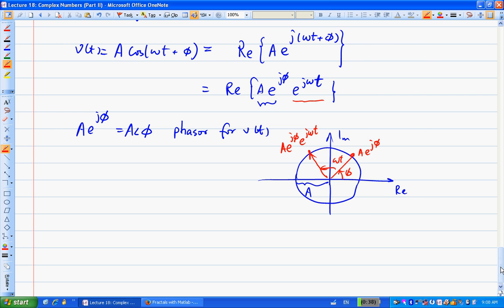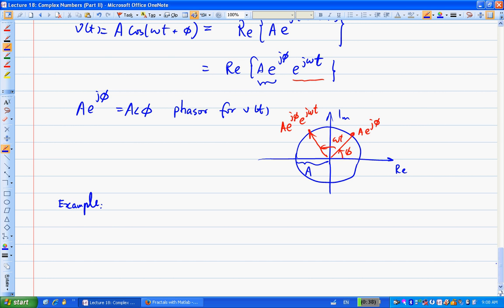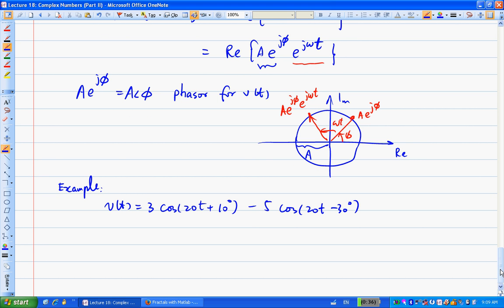Okay, so now let's take an example. How do I simplify this and make use of the phasor concept? One example is let c equal to 3 cosine(20t plus 10 degrees) minus 5 cosine(20t minus 30 degrees).